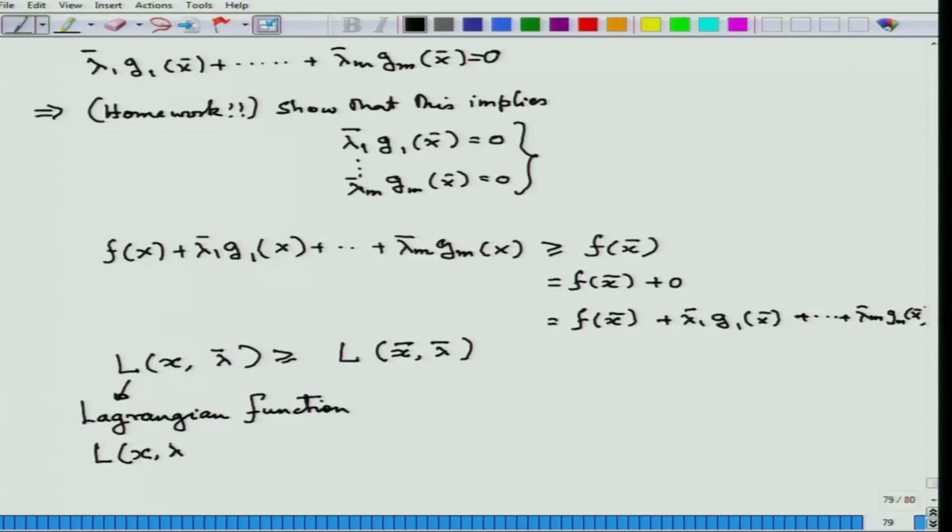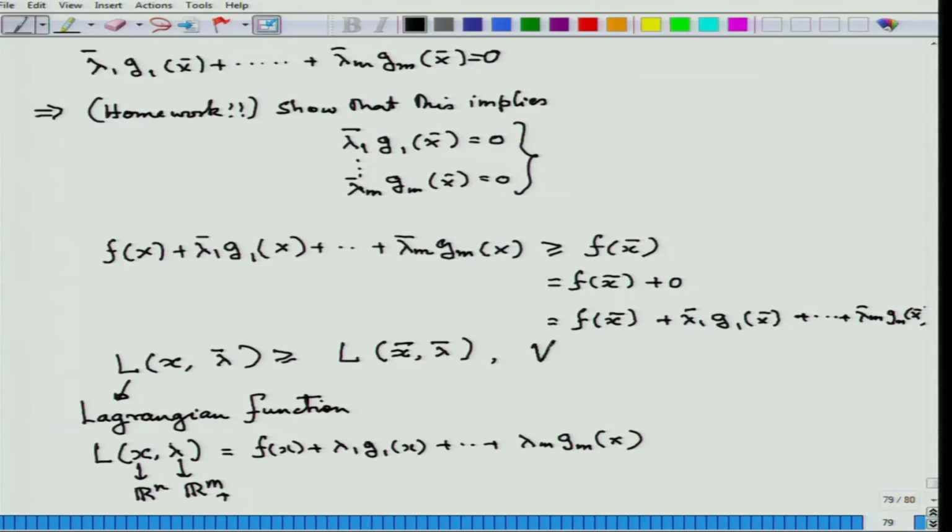The Lagrangian function L of x, lambda for any lambda, where x is in Rn and lambda is in Rm plus, is defined as f of x plus the sum of lambda i g i of x.